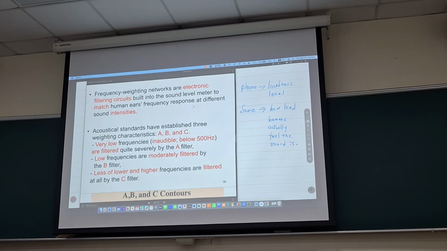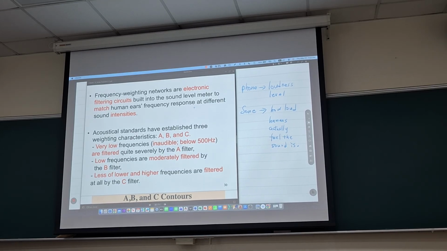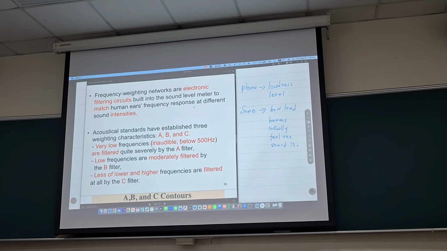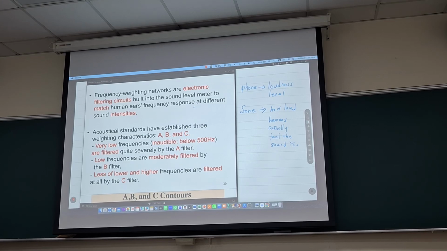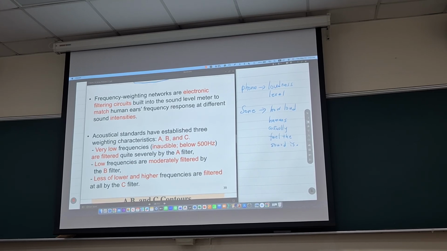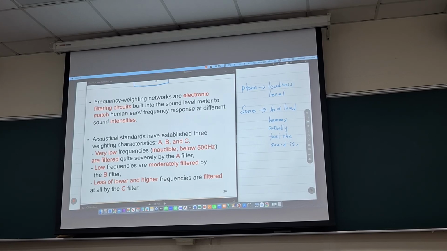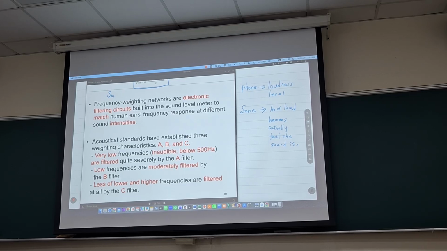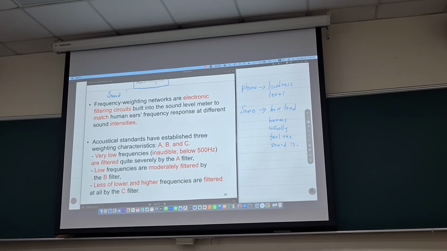As I just mentioned previously, human ears do not hear all frequencies equally. 人类的耳朵没办法听到每一种频率是相同的。Human ears do not hear all frequencies equally.